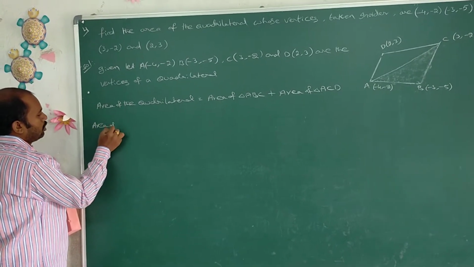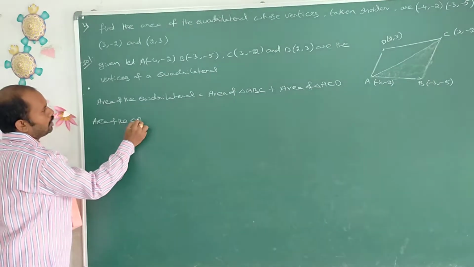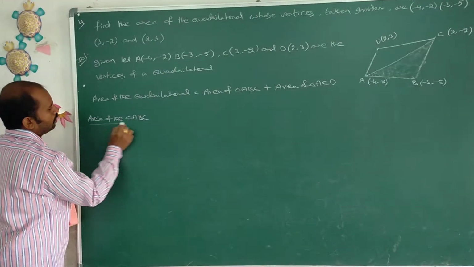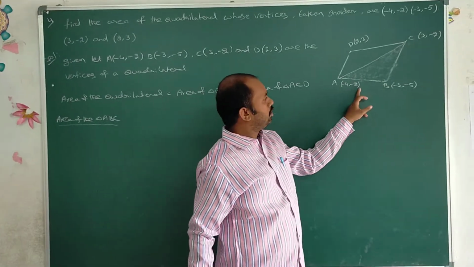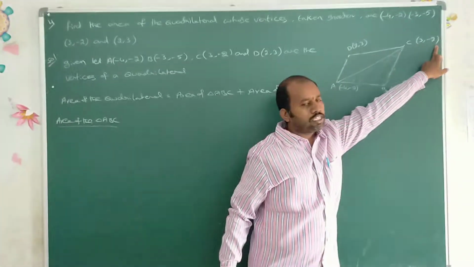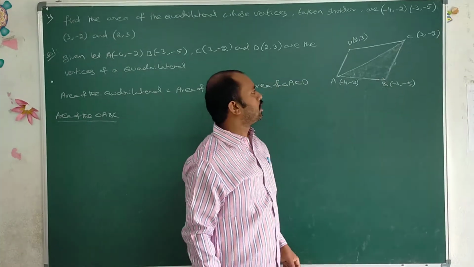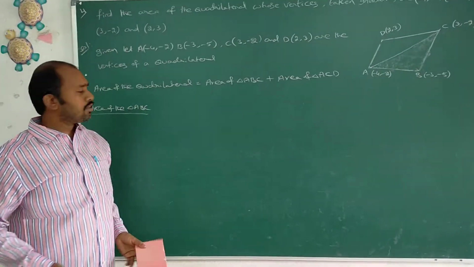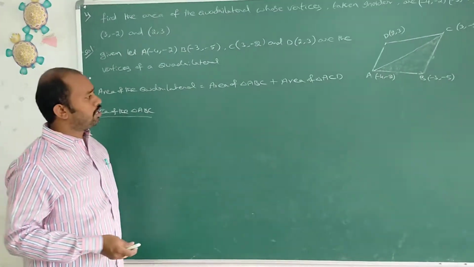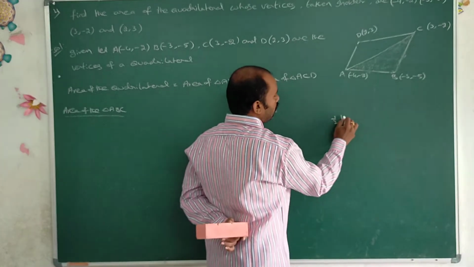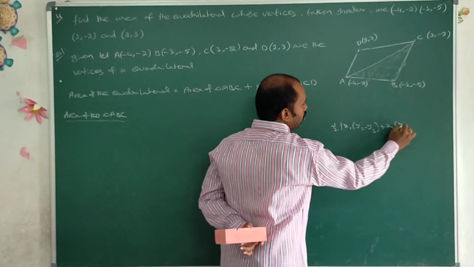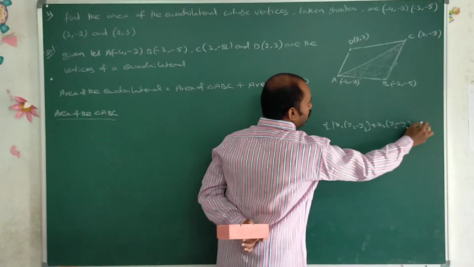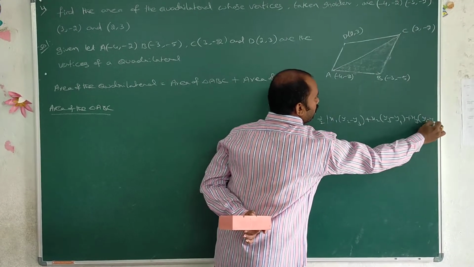Area of triangle ABC. You already know the formula. (x1, y1), (x2, y2), (x3, y3). Three vertices are given. Then the area of the triangle is half of the modulus of x1 into (y2 minus y3) plus x2 into (y3 minus y1) plus x3 into (y1 minus y2).